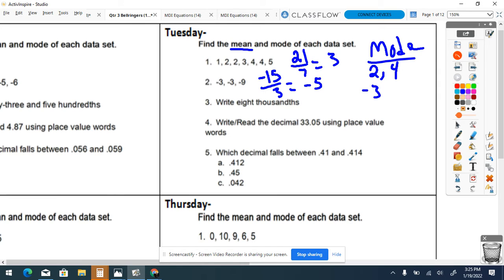All right, number 3, write 8 thousandths. Well, there's a key word here. We see that thousandths ends with a THS. Anytime it ends with a THS, that means a decimal. So 8 thousandths means all my numbers are going to be after the decimal. So let's do a quick review over here. Remember, I have tenths, hundredths, and thousandths.